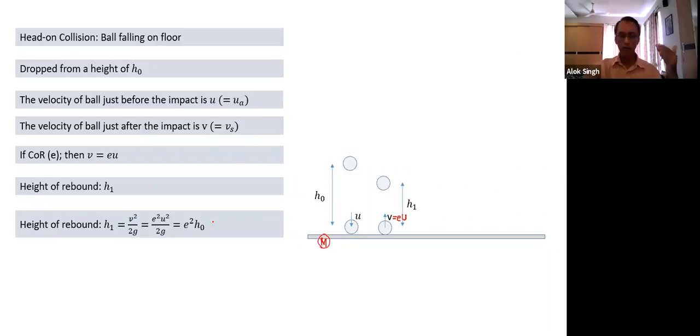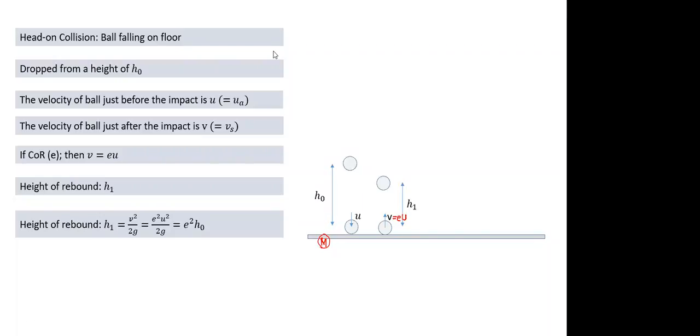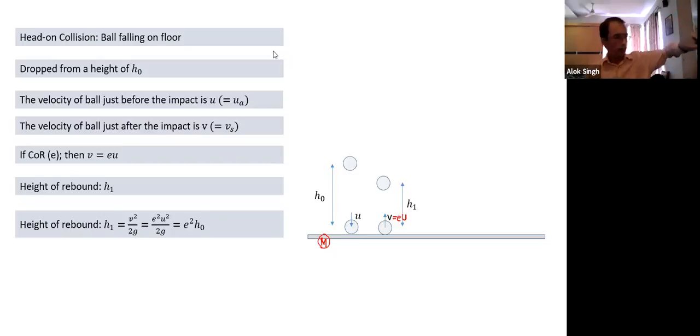If the coefficient of restitution is 0.5, and I drop a ball from a height of 1 meter, what will be the height of rebound? Say I take a tennis ball and drop it from 1 meter.